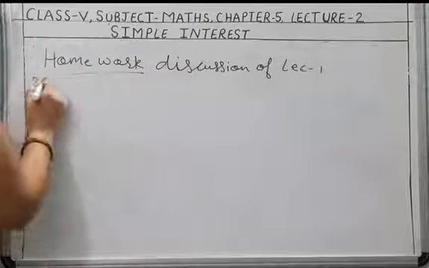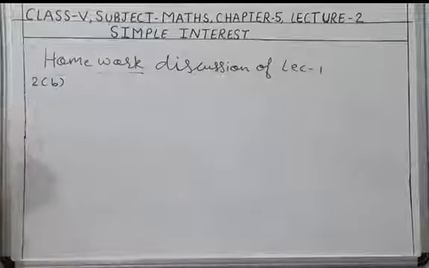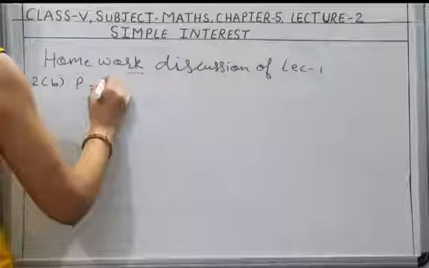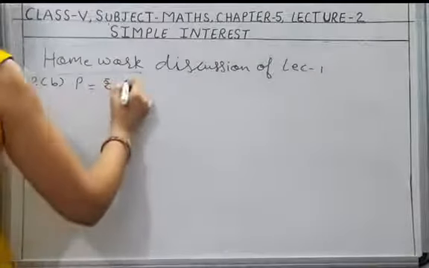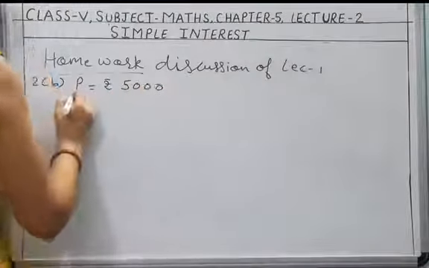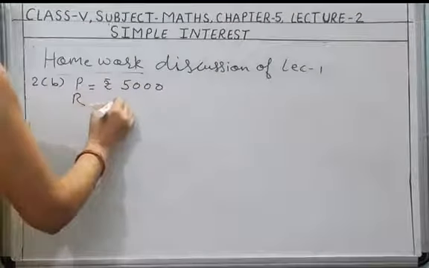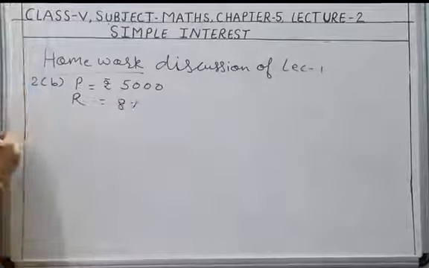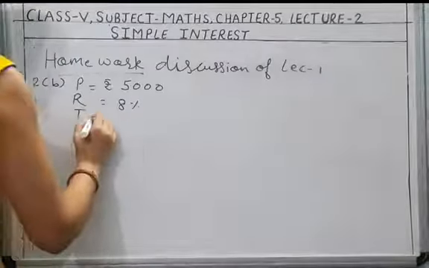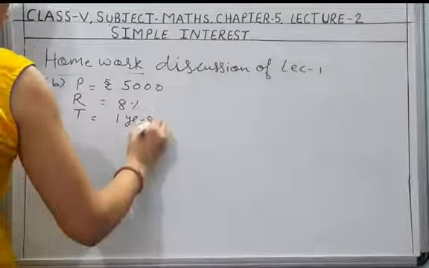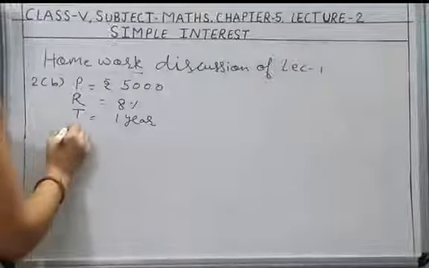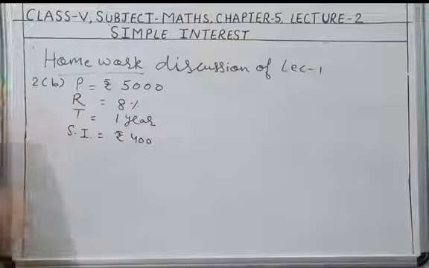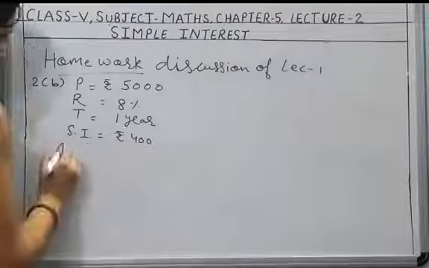Question number 2, B part was given. It is also filling the blanks. Given terms are principal rupees 5,000. Rate percent is given, 8%. Time is given, 1 year. Simple interest is also given, rupees 400. And we have to calculate amount.